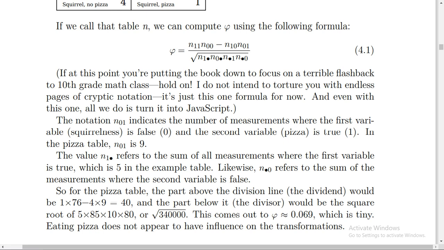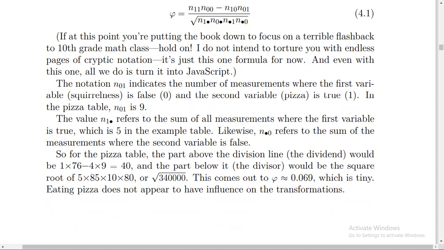Okay, and the part below it, the divisor, would be the square root of 5 multiplied by 85 multiplied by 10 multiplied by 80, or 340,000. This comes out to 0.069, which is tiny. Eating pizza doesn't appear to have any influence on the transformation.